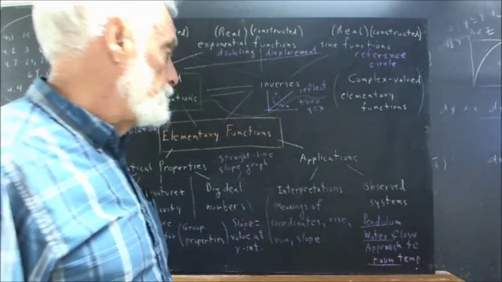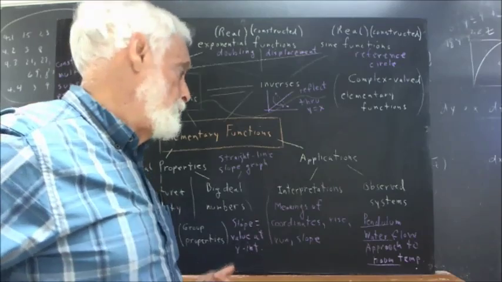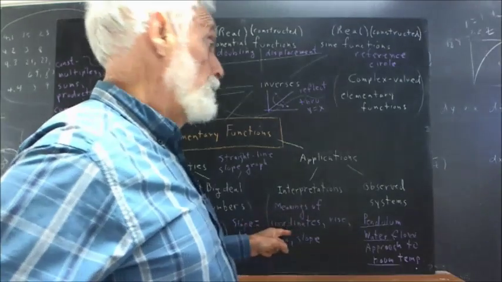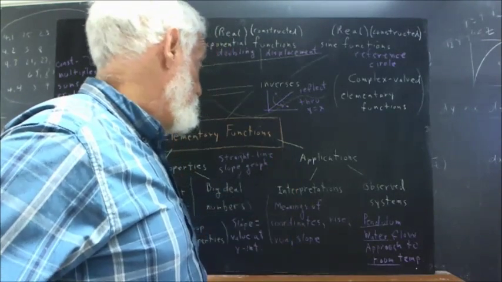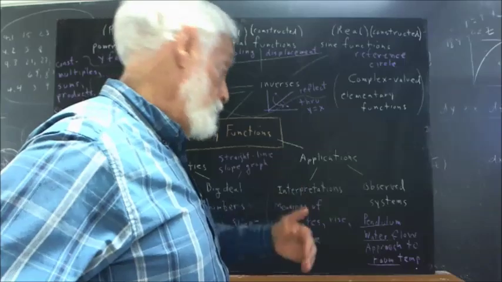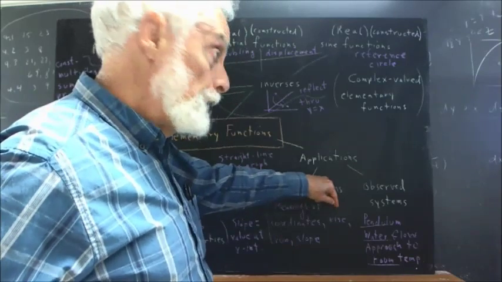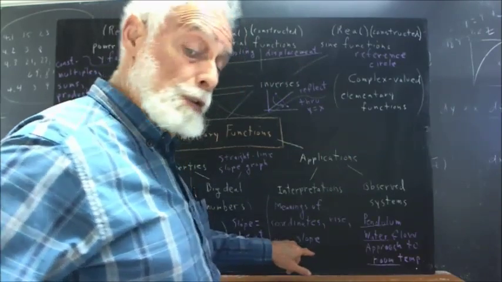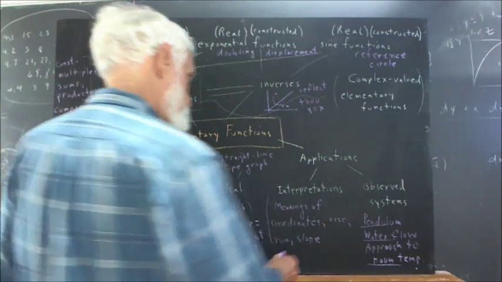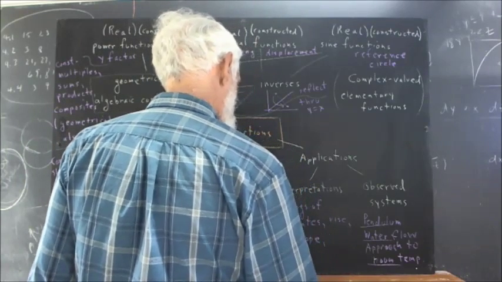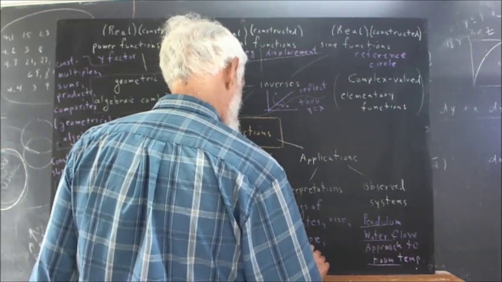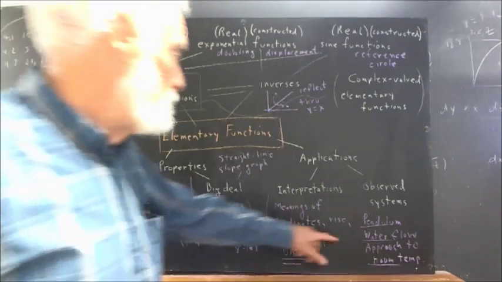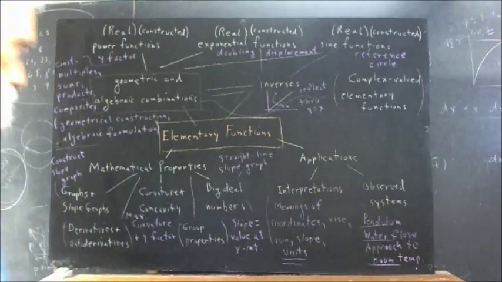And then interpretations. The most important thing we can do as far as interpretation at the beginning level at least is to understand what the coordinates of a point on the graph mean, algebraically as well as geometrically, and then what the rise means, again algebraically and geometrically, what the run means, what the slope means, and what the units of these quantities mean and what they tell you about all the other meanings.